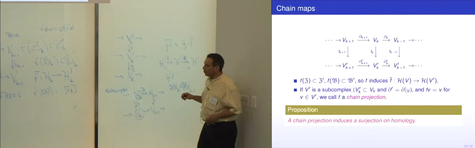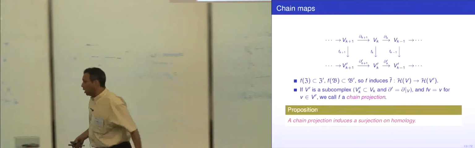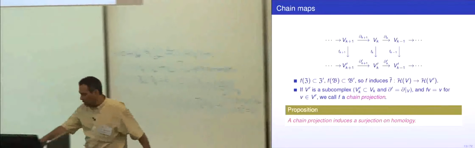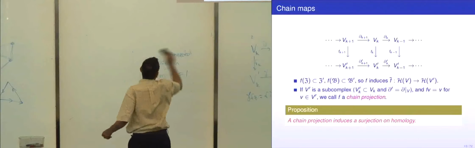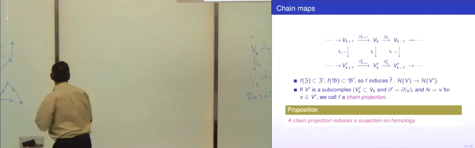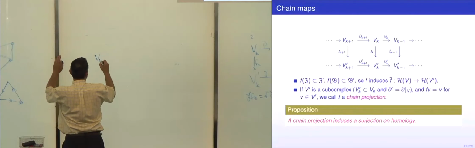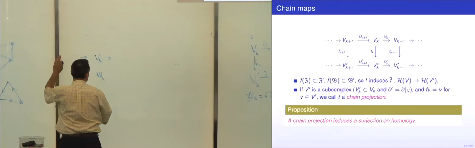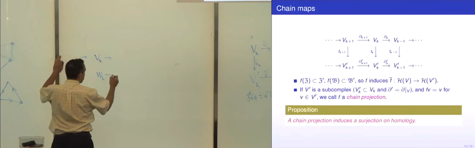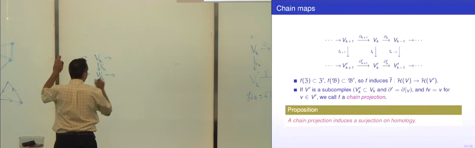And I'll stop with one small theorem, which is very simple. Suppose we have a complex and a subcomplex. So we have our complex V, and we have our subcomplex W, and suppose that there exists a chain map down to it that's a projection.